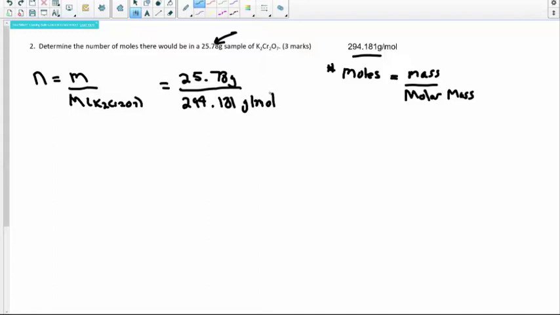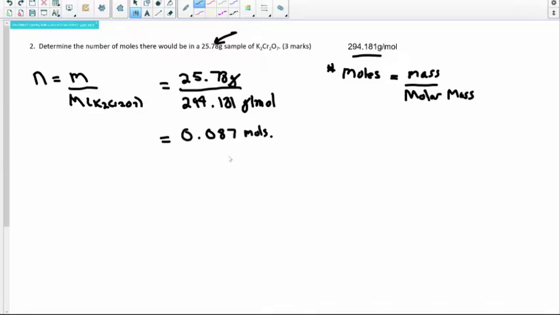And what's going to happen here is grams are going to cancel out, and what you're going to be left with is moles. And this should work out to 0.087 moles. And that's what we should get out of that question.